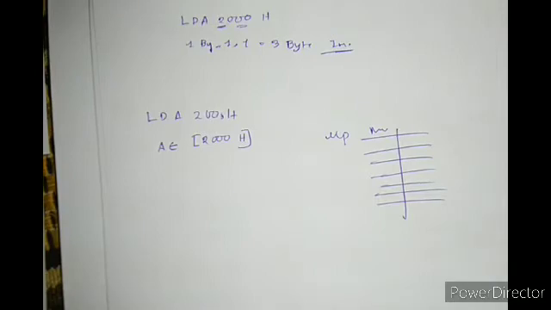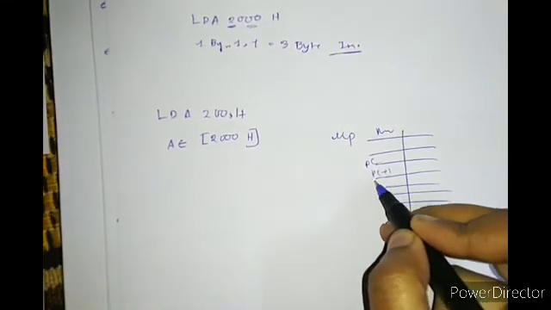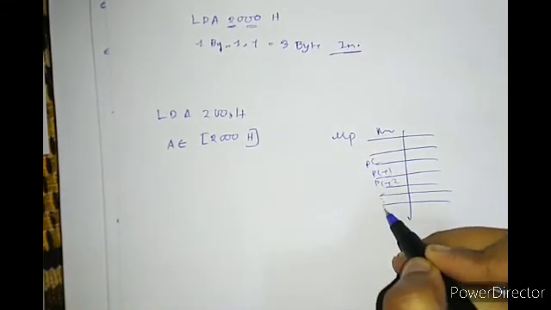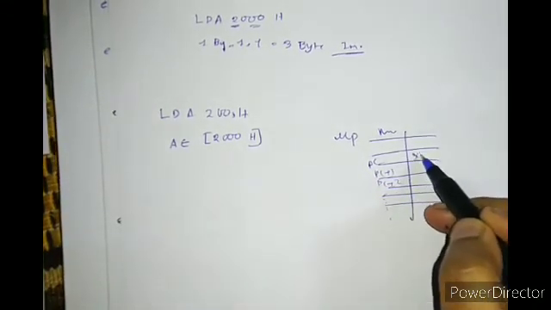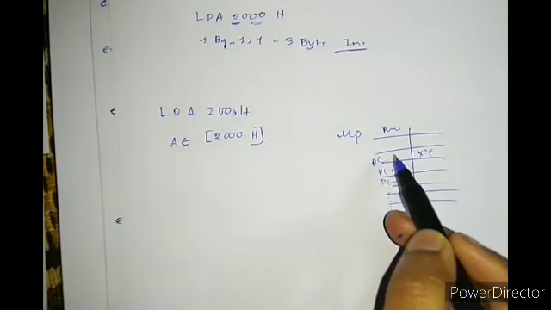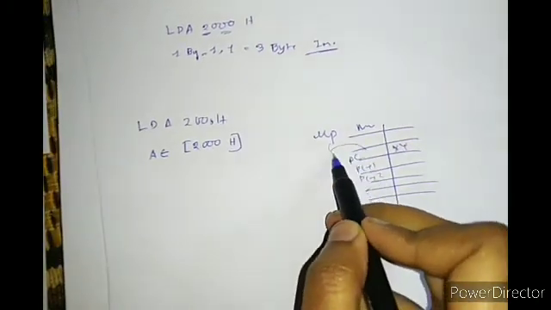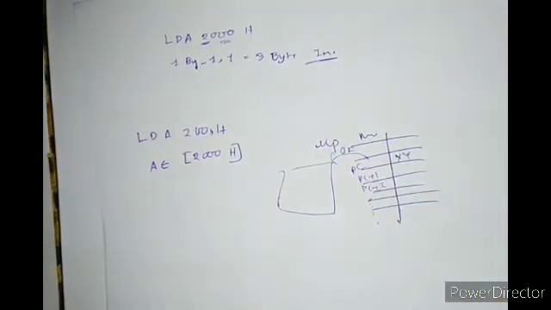First stage is fetching. So LDA, suppose this is PC, PC plus 1, PC plus 2. For LDA the opcode is probably XY. Just assume that this is XY. First μP will fetch the opcode. So the first step is opcode fetch.